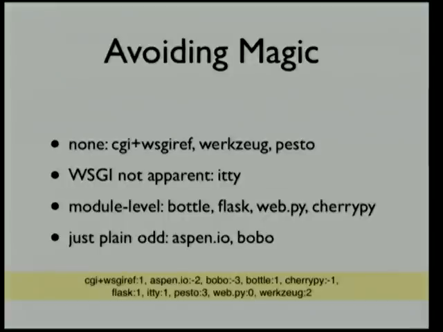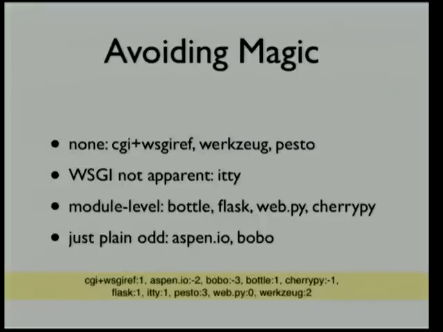In terms of avoiding magic, basically module level request variables are considered magic, and I'm taking a point off for that. Itty, what was that point about? Oh yes, it wasn't easy to find.